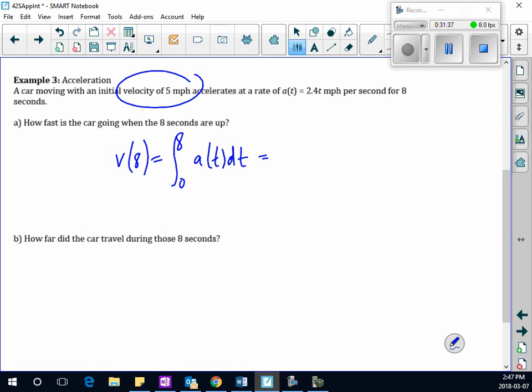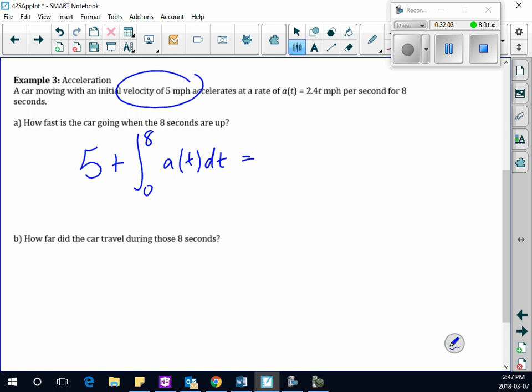Well, maybe we want to do it this way instead. You don't have to erase the whole thing, I just accidentally did. So 5 plus the integral from 0 to 8 of a of t dt. So for the velocity, I get 76.8.